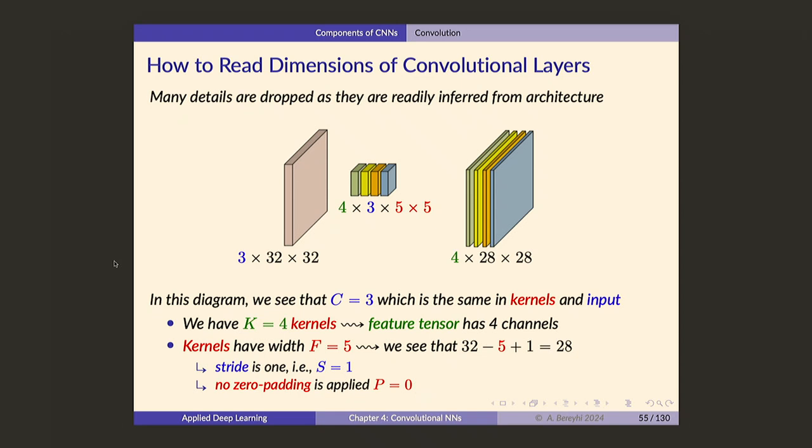Meaning that we take a ReLU function, for example, and pass every single number in this output tensor through that activation function. Now we have the activated output of the convolutional layer, and then we can pass it to the next layer, correct? Great. So this is the idea of convolutional layers.